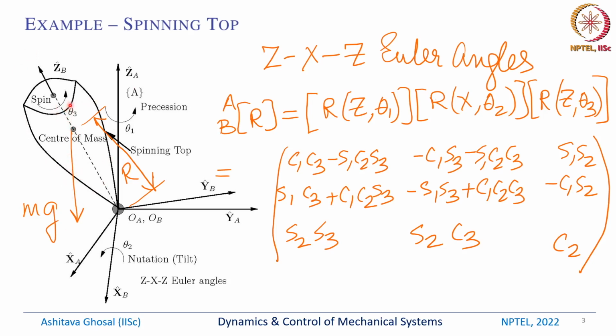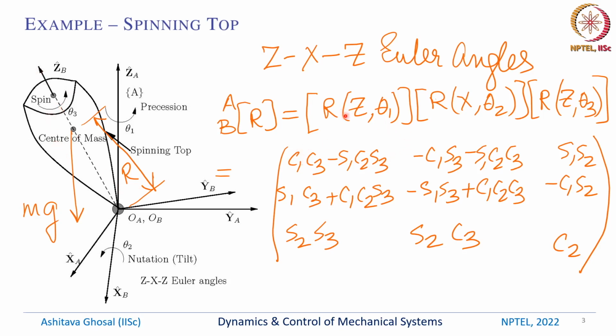If you recollect, the spinning top can be described by z, x, z Euler angles. We can obtain the rotation matrix of B with respect to A. A is the reference coordinate system and B is a coordinate system attached to the spinning top.